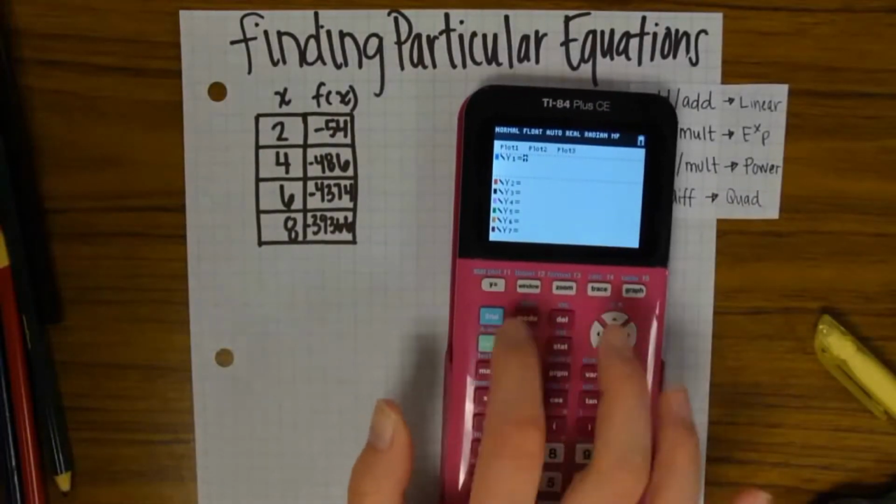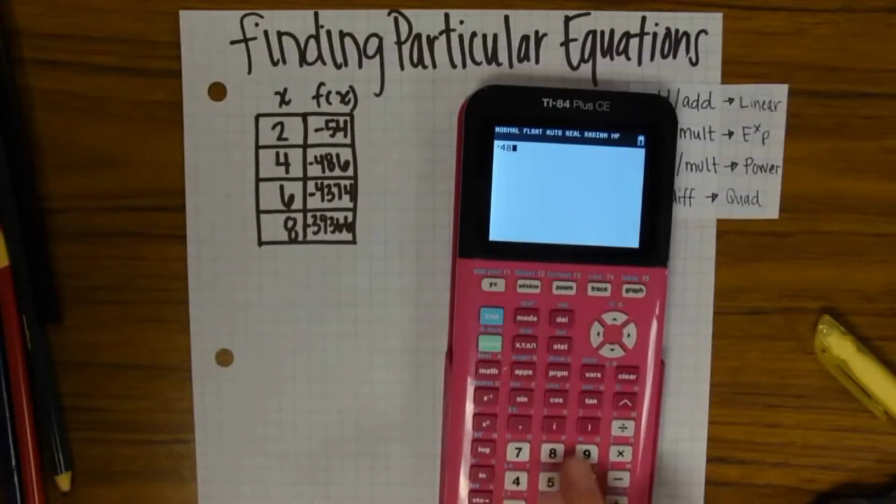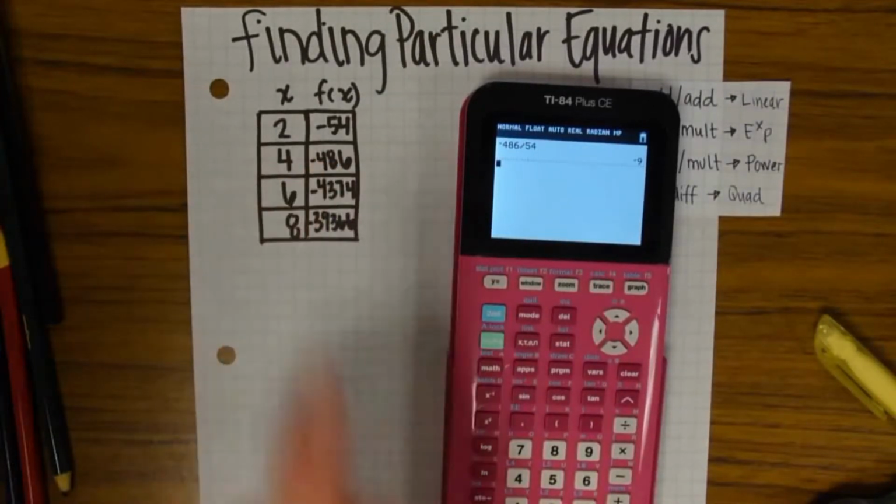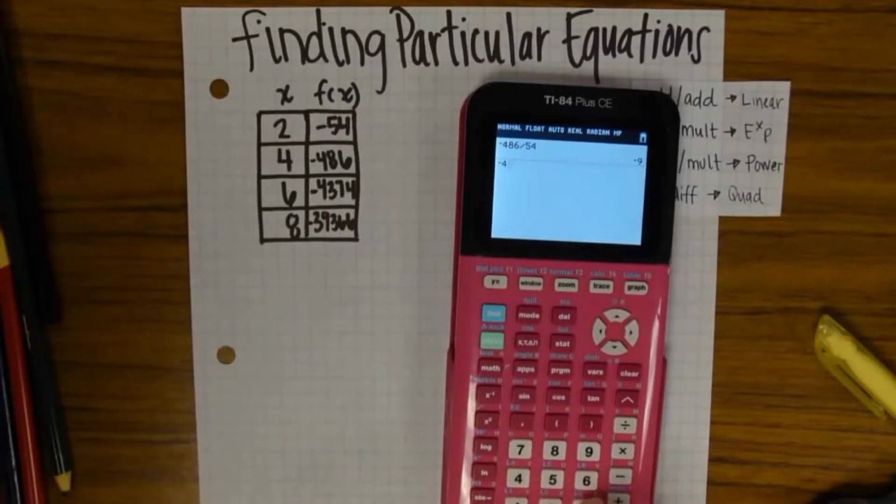I'm going to see if I do -486 divided by 54, I get -9. Well, now let's take this number and divide it by that one and see what we get. -4,374 divided by -486. We get 9. This one should have been a 9 as well.